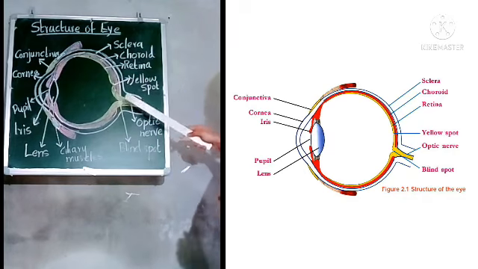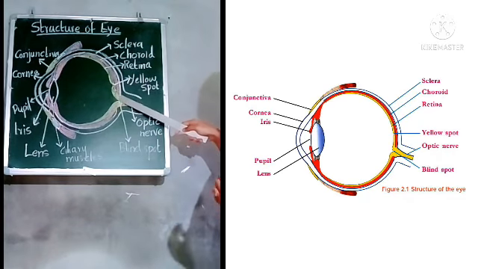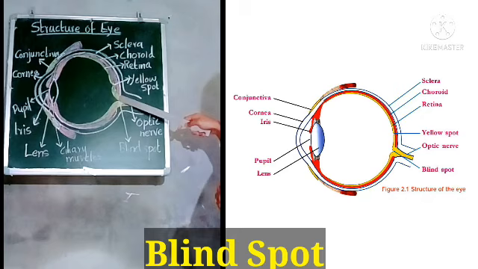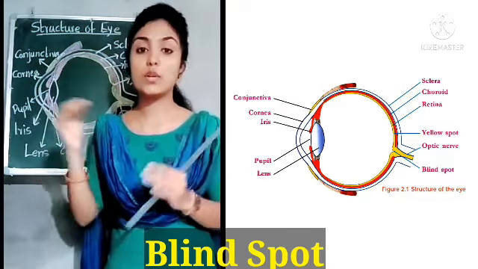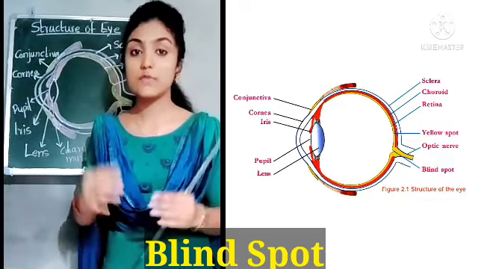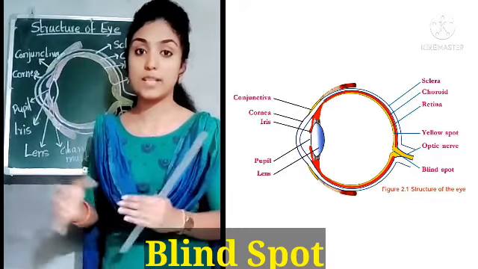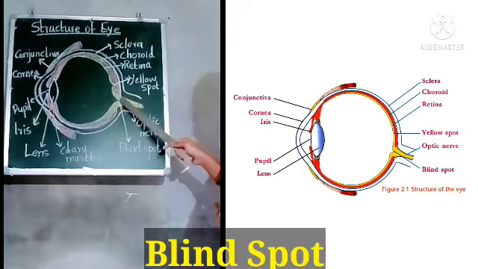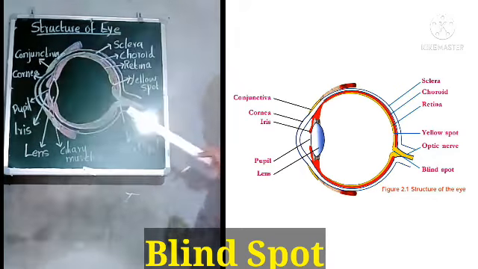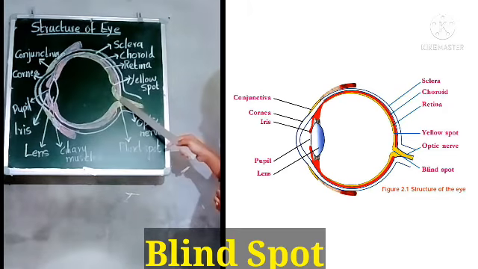Then the next part is, here you can see at the beginning of this optic nerve, a blind spot. This is the region where no photoreceptors are present, which means photoreceptors are totally absent. So this point is termed as blind spot. So vision is not possible at this point.